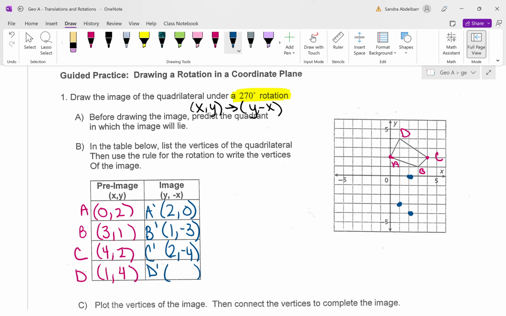And last but not least, can somebody tell me, what will my D prime be? Mariana? You got it, 4, negative 1. Then we connect it.